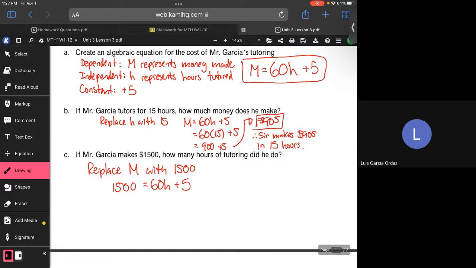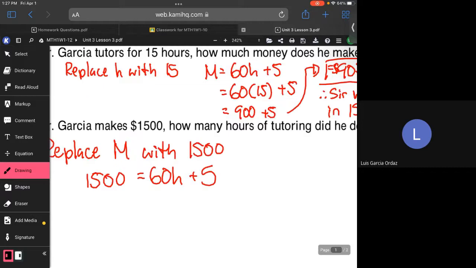So remember, I want my variable part by itself. So what do I need to move? Let's try to keep my h always positive.